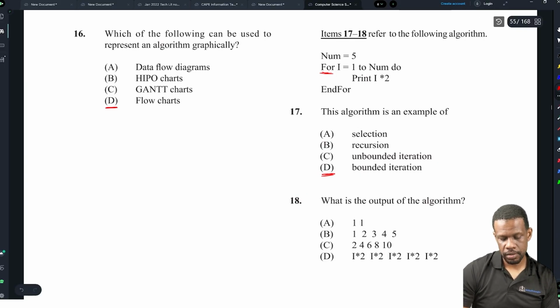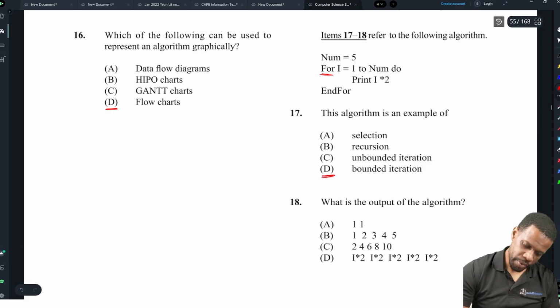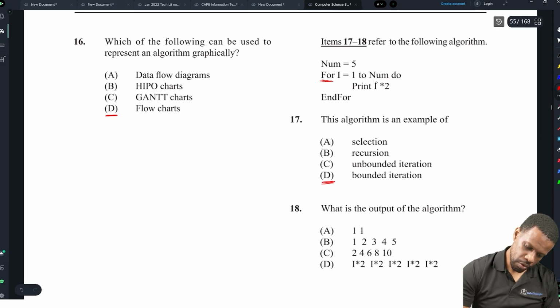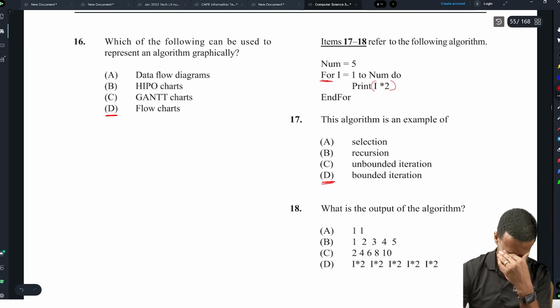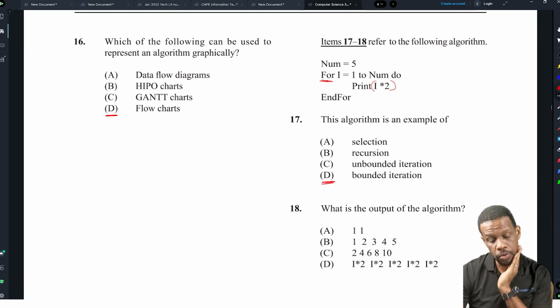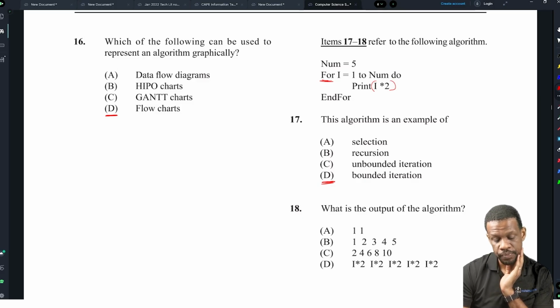I'm very concerned. That's not making sense. If they had print open brackets I multiplied by 2, that'd make sense to me, but then they don't have any quotes. If they had quotes, then I multiplied by 2 would have been what was printed, so D could be confusing. All right, so 1 by 2 is 2, 2 by 2 is 4. It should do it 5 times.